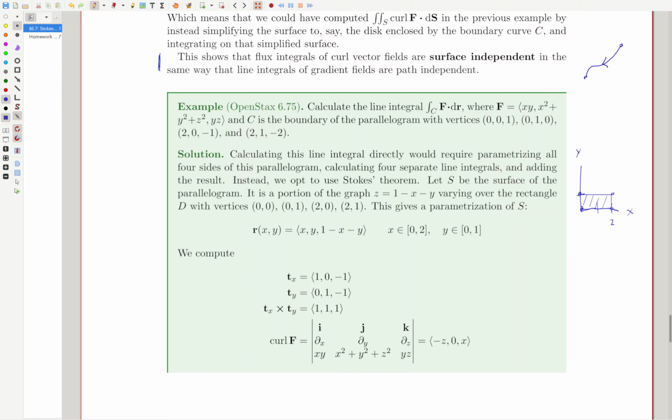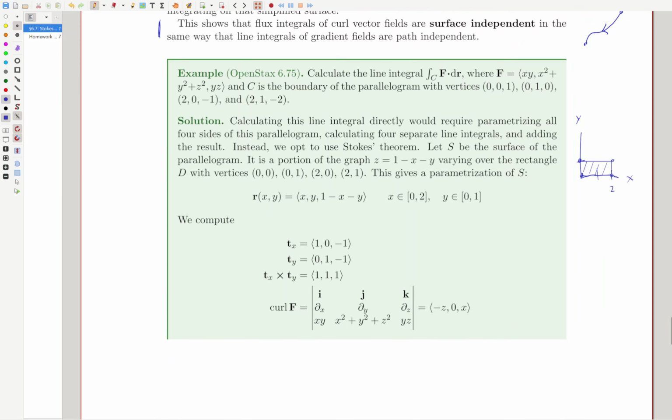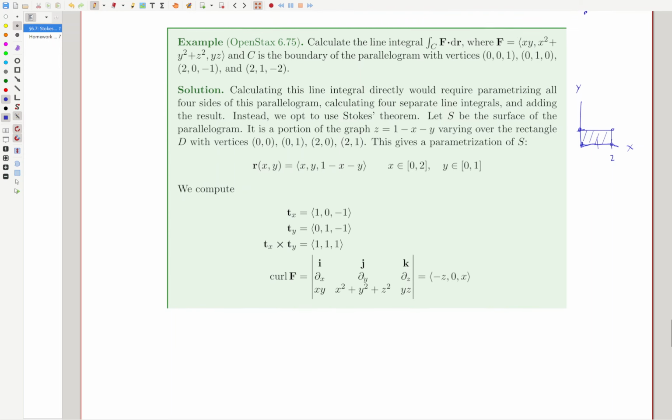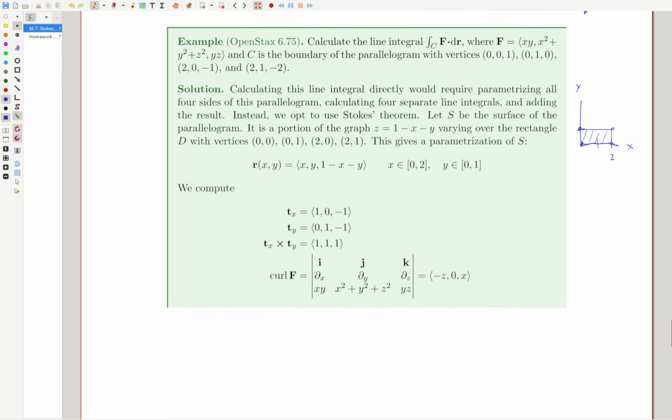To set up the integral for Stokes, it's the double integral of the curl of f, dotted with the normal vector, which is t sub x cross t sub y, the tangent vectors. Right? So we take the derivatives, which is pretty straightforward.